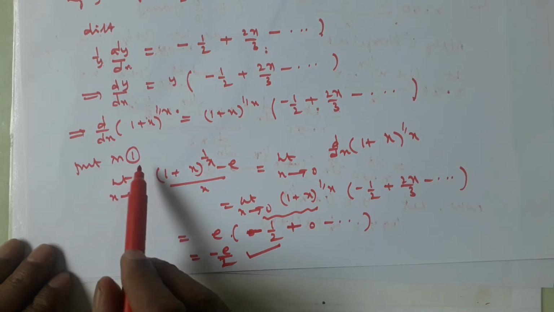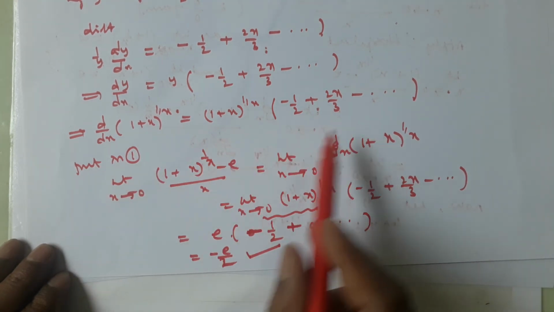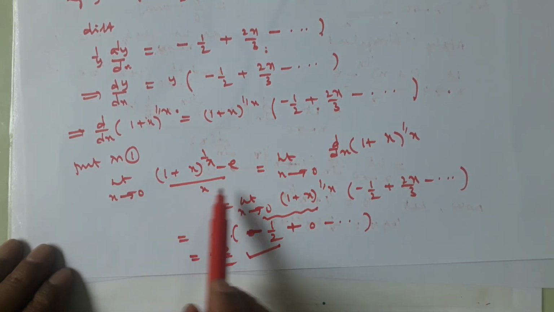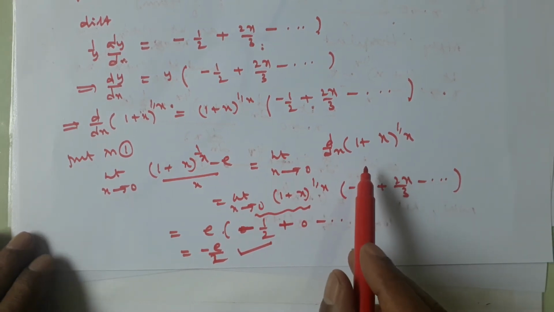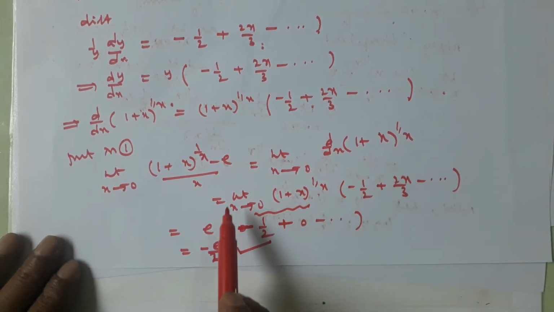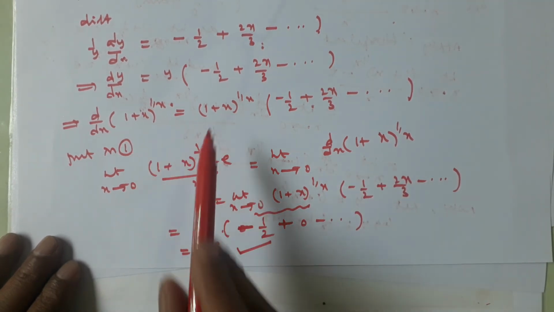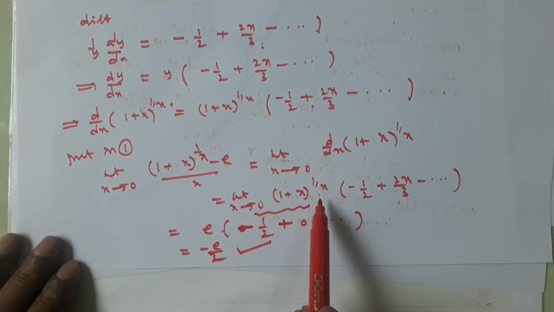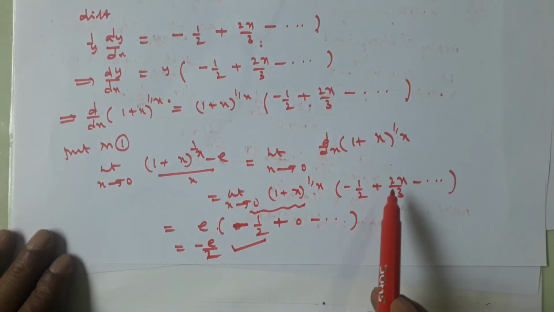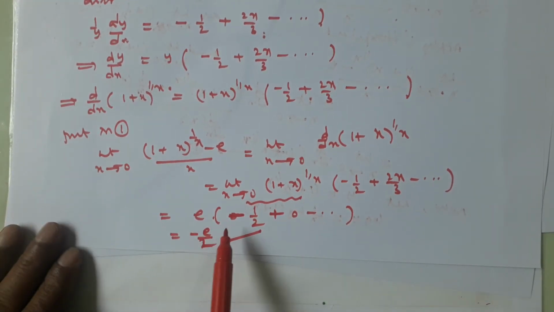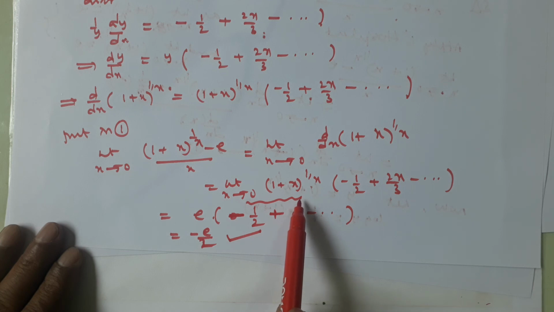Put this in equation 1. The left side is this function, and the right side is this one. So limit x tends to 0, we substitute: (1 plus x) whole power 1 by x into minus 1 by 2 plus 2x by 3 minus and so on. Apply the limit value. This value is e, which we have written previously.